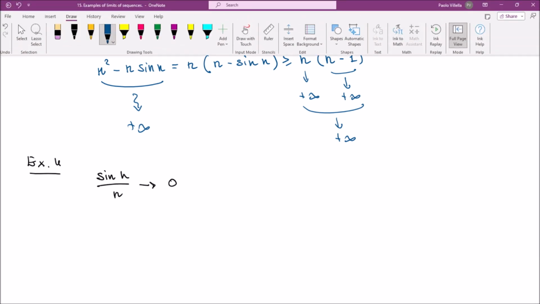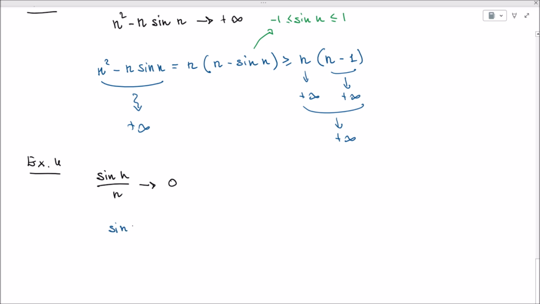If we want to give a formal proof of this, we can say that sine of n is always in between minus 1 and 1, and if we divide by n, which is always larger than 0, of course the same inequality will hold.